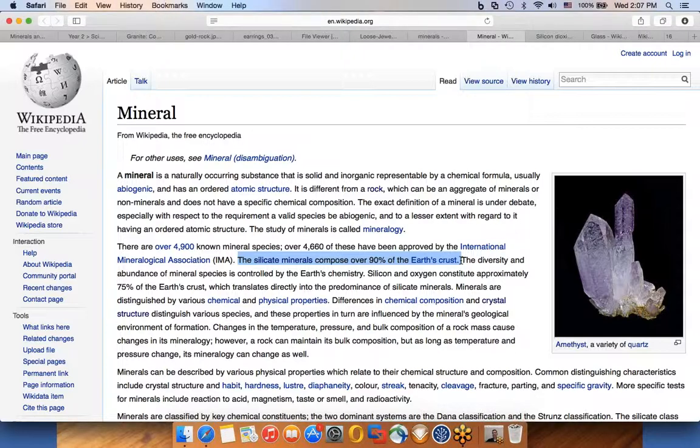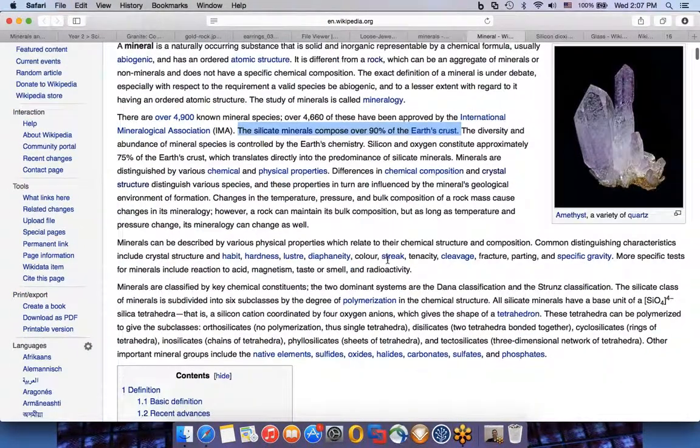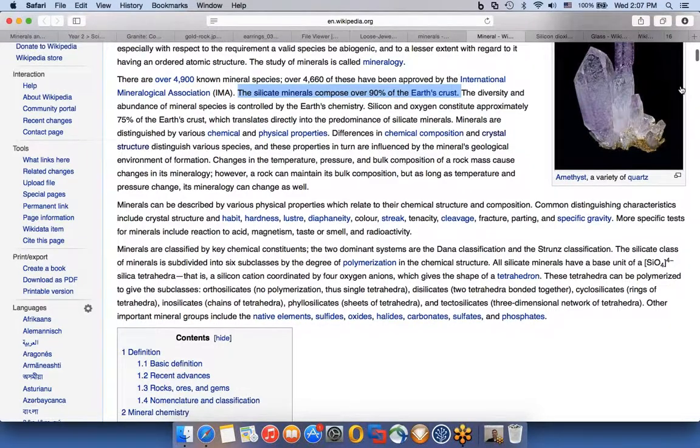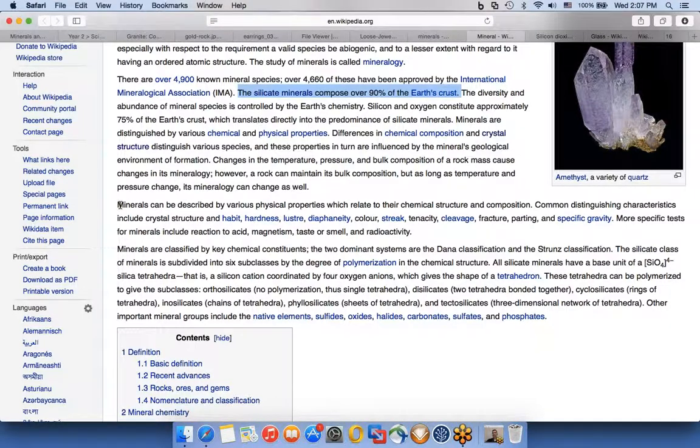We already did before, but we'll review that, especially because it's so important, so prevalent. About 90% of the Earth's crust is composed of variations of this silicate mineral. Very, very abundant.